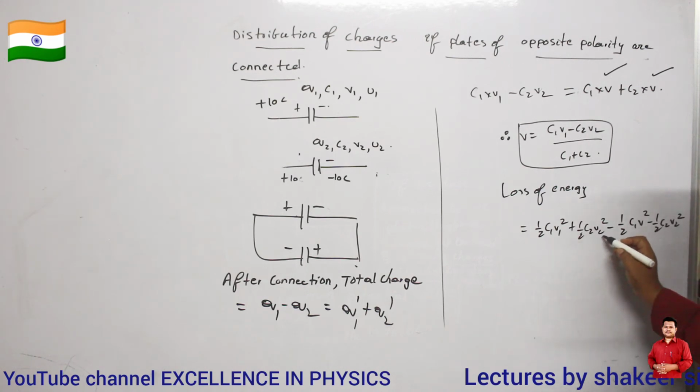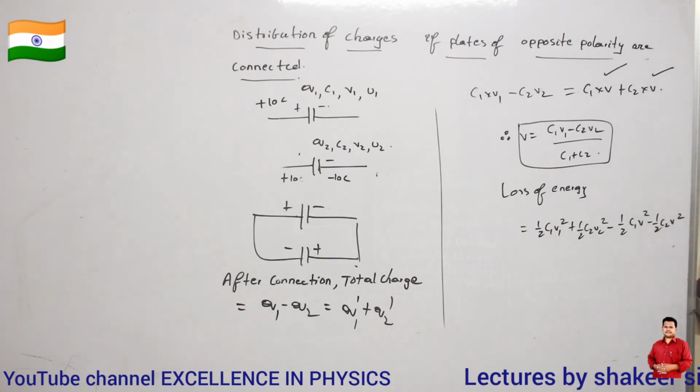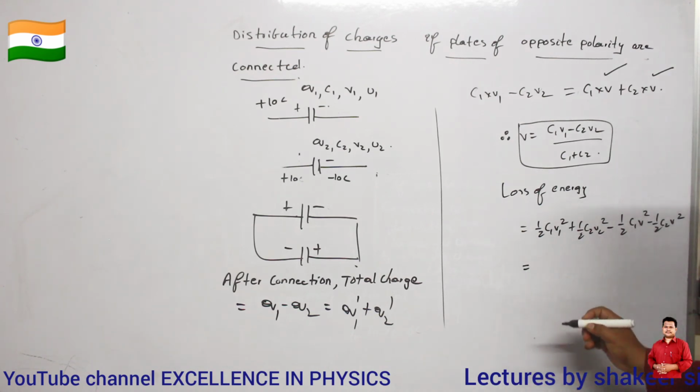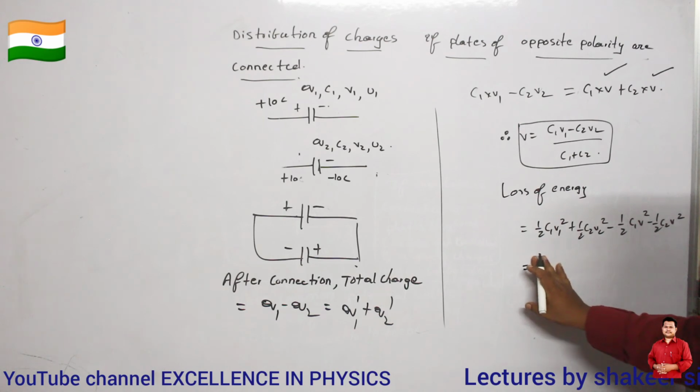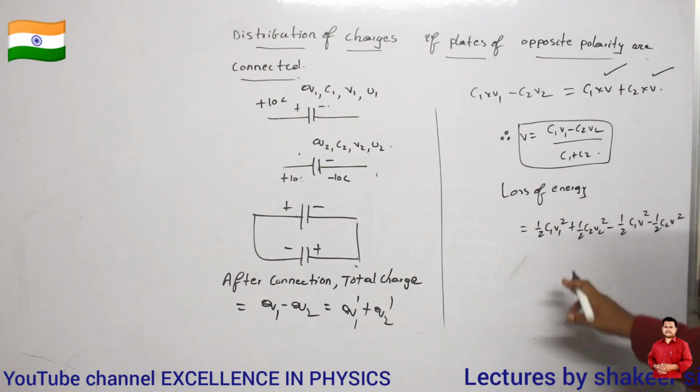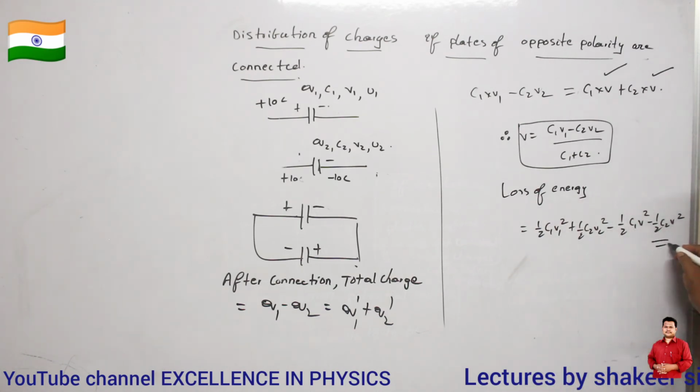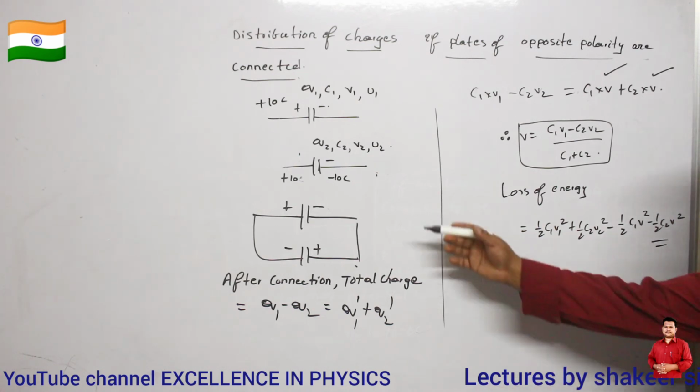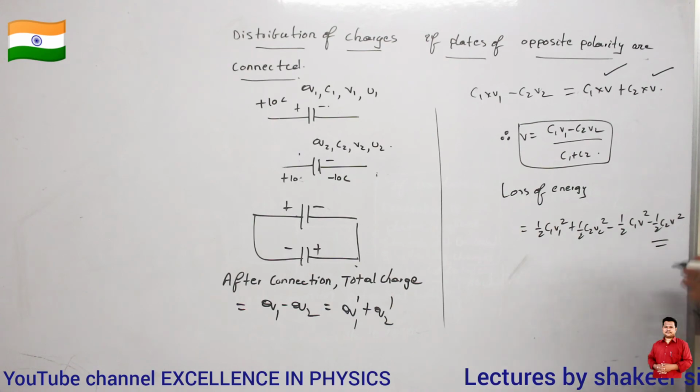This is the total initial energy, and this is the total final energy. So if I do this calculation, again, or you can just leave it up to here. This is the amount of loss of energy which we will get while connecting these capacitors positive plate to negative plate.